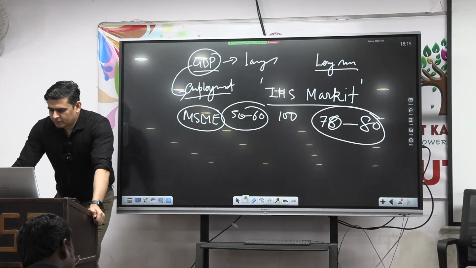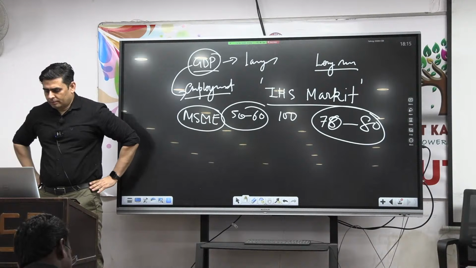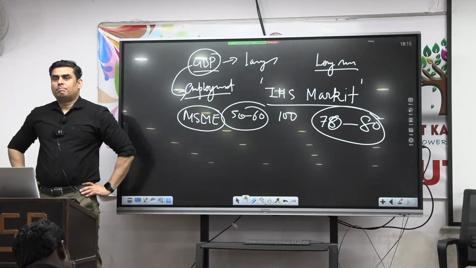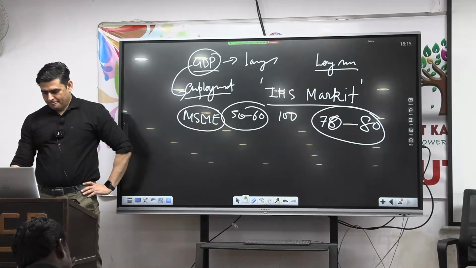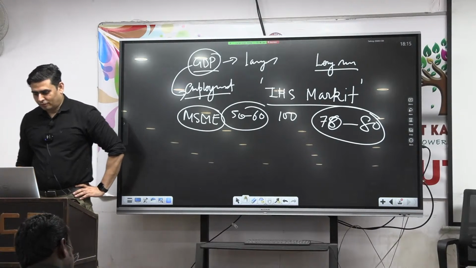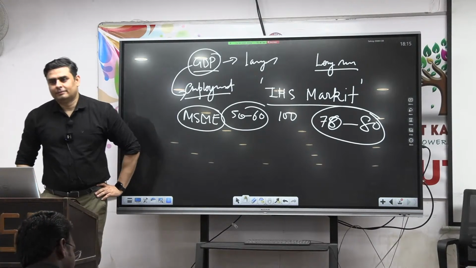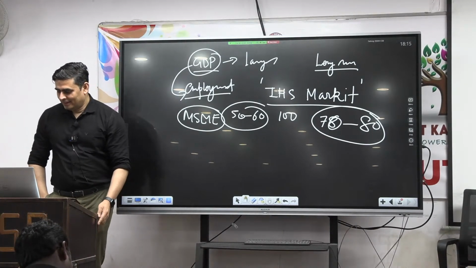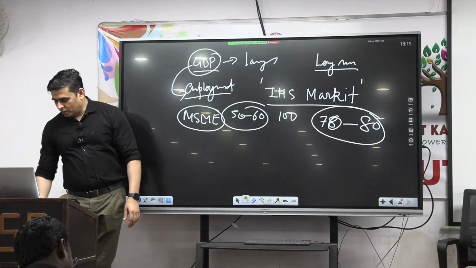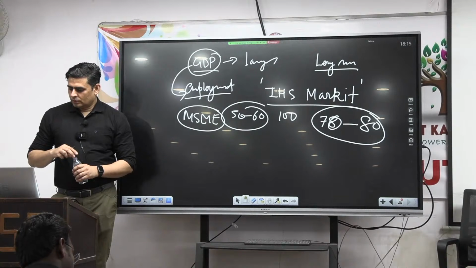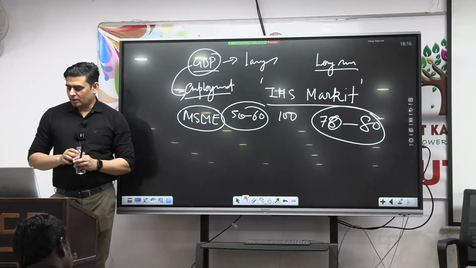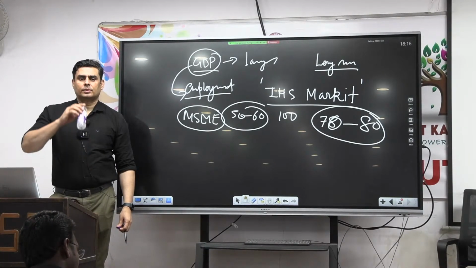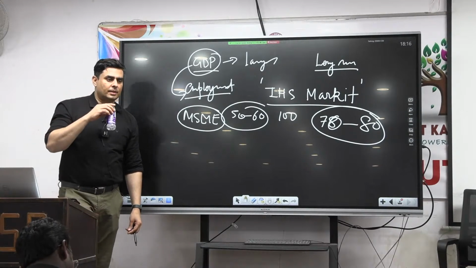Statement number 1: PMI is an economic indicator that measures the performance of the manufacturing sector and services sector based on surveys conducted among purchase managers.